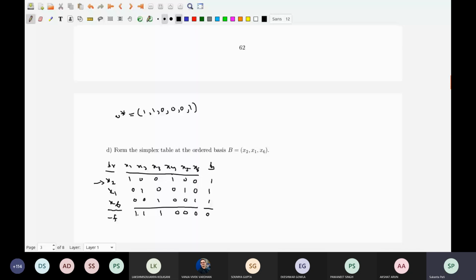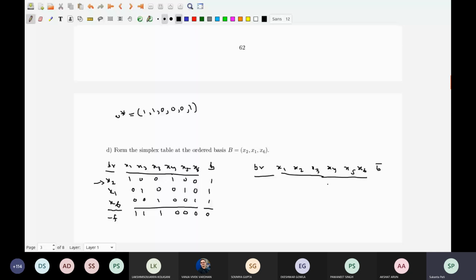So to make the column below the first variable, I mean the first basic variable, so here it is x2, x1, x6.